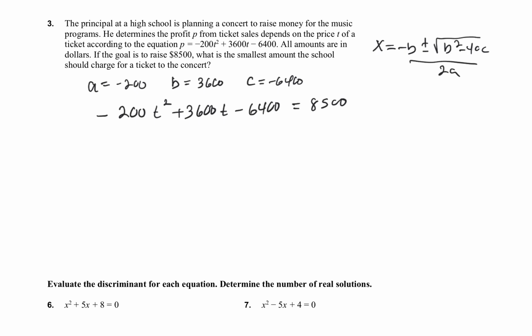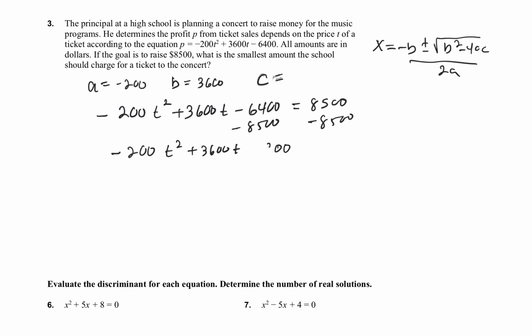So let me erase the c. So the c value does change. So we first have to subtract 8,500. Subtract 8,500. So we have negative 200 t squared plus 3,600 t, and this will be 0.